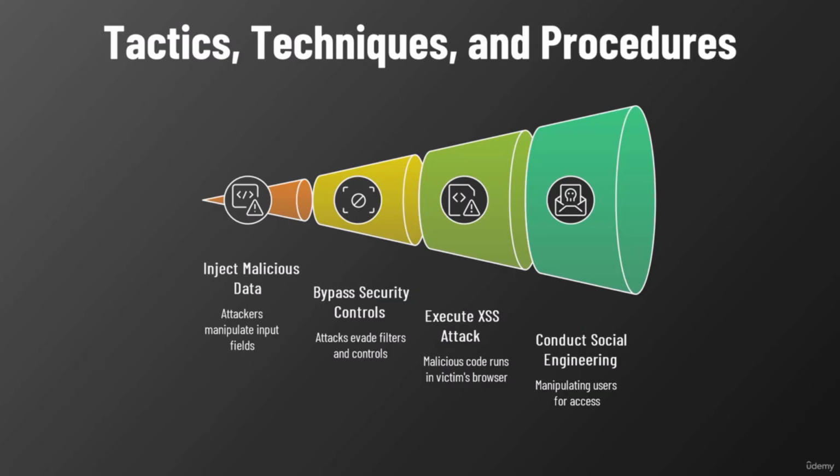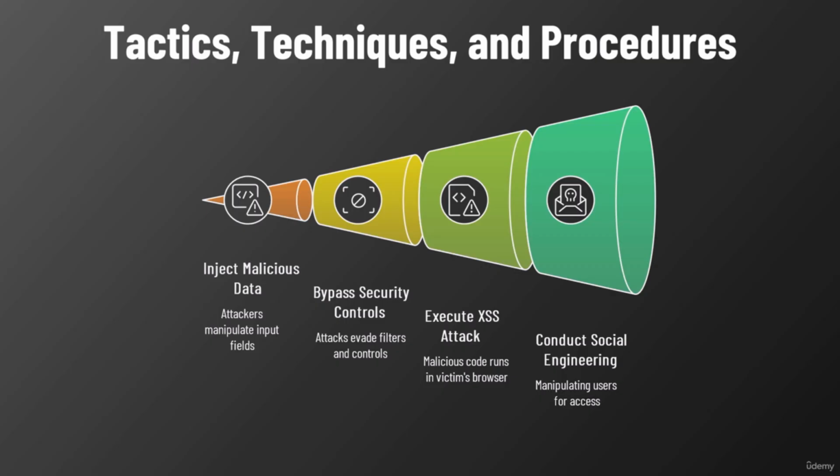Attackers often exploit poor input validation to inject malicious data or bypass security controls in applications. One common tactic is manipulating input fields, like forms or URLs, by using unexpected characters, encoded values, or long strings to bypass filters. When validation or sanitization is weak, these payloads can slip through undetected.